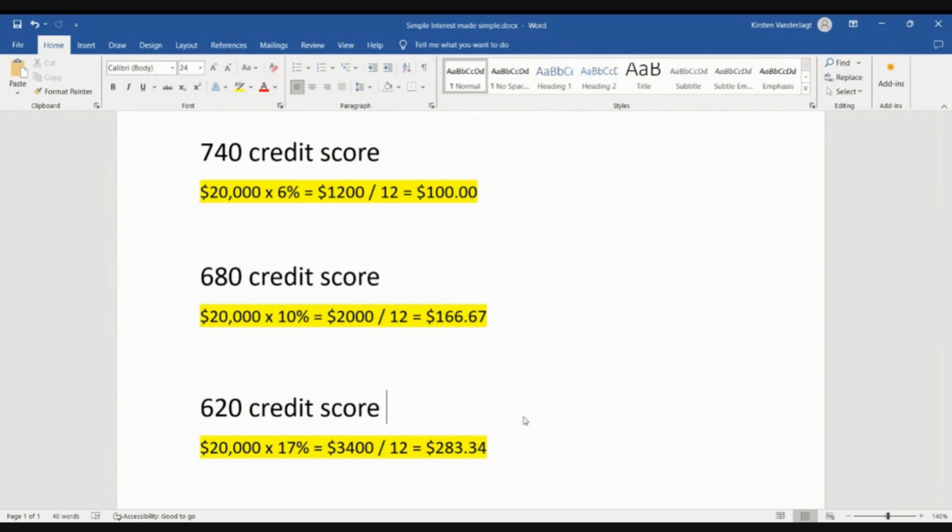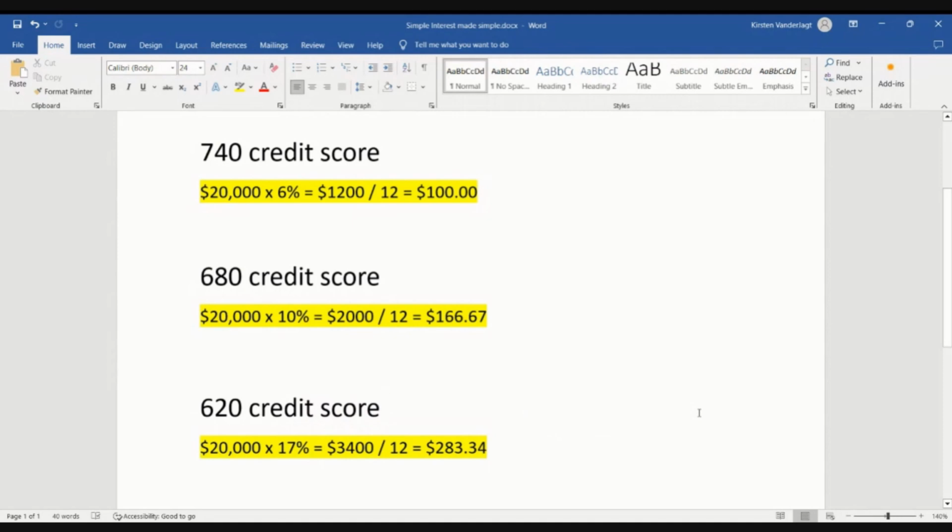When we pull their credit report using their social security number, legal name, date of birth, and their address where they've lived for 2 years, that's going to give us a report. And if they have nothing on it, they probably are going to be in the 620 credit score range. And maybe you end up getting a 17% interest rate because you have no established credit with the bank.